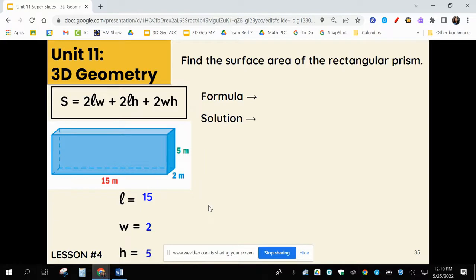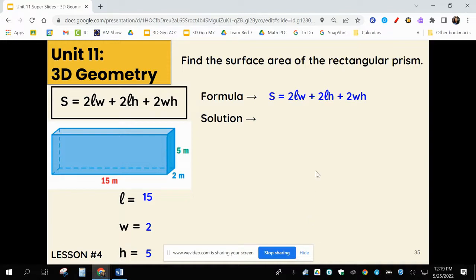You could have had different values than me, but for this problem let's keep it all the same. It's going to help us when we're plugging into our formula together. The formula is S equals 2LW plus 2LH plus 2WH.